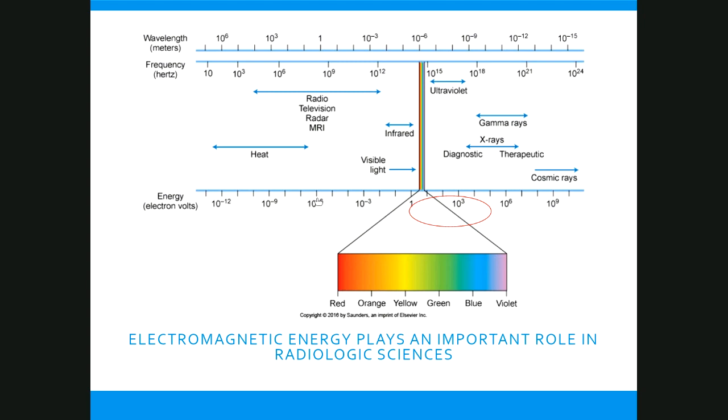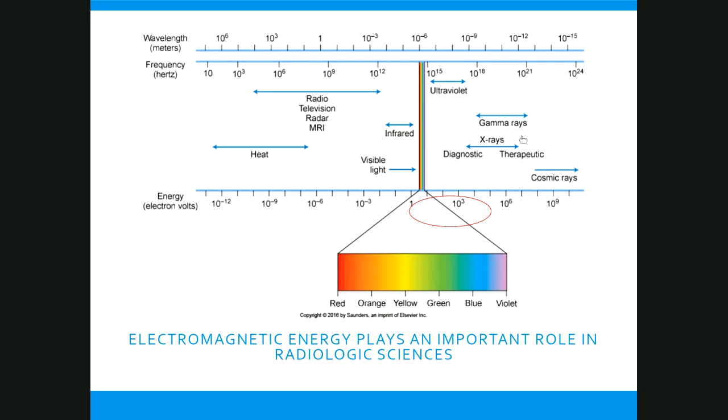So on the low end of the spectrum, we have heat. Very low end, low energy. Nothing is really ionizing until we get up to X and gamma rays. Those are ionizing. Remember, we said X-rays are what we do in diagnostic radiology. There's also therapeutic X-rays that they can use in radiation therapy.